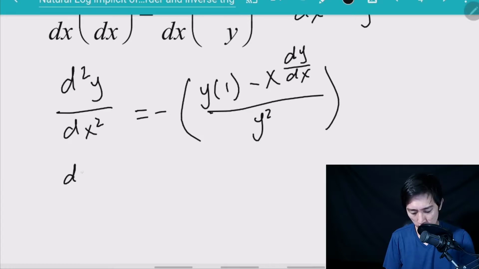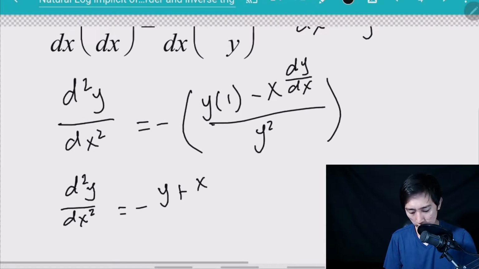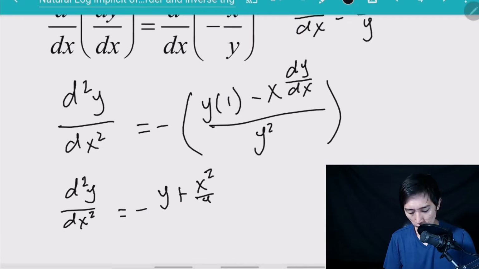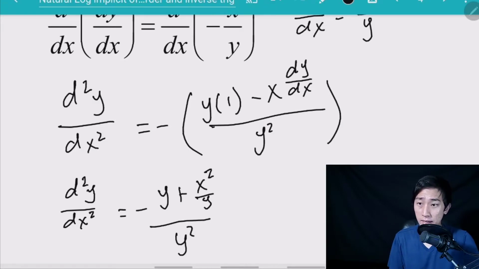So we have our d squared y over dx squared equals negative y plus x squared over y, all over y squared. And then from here, we can just kind of simplify.